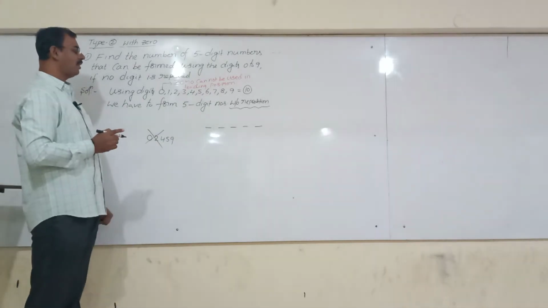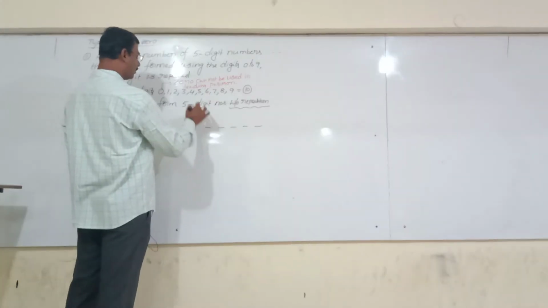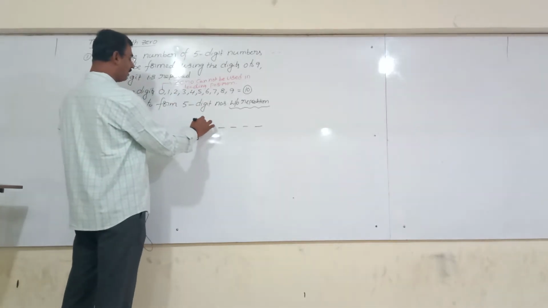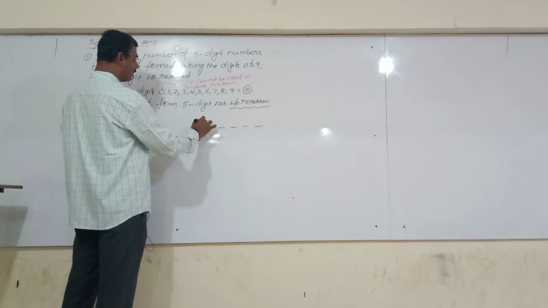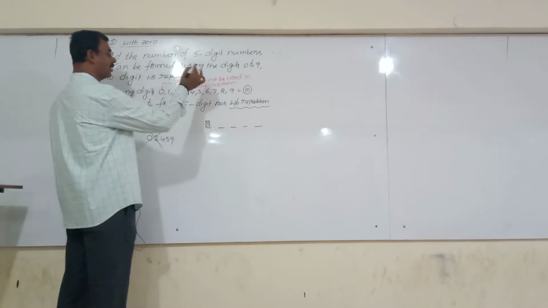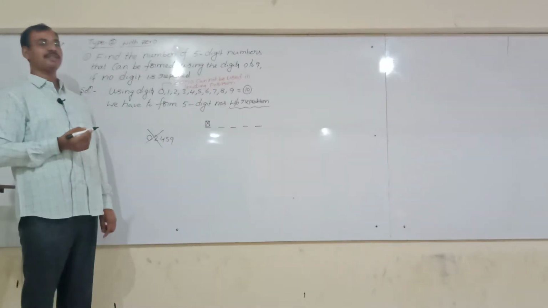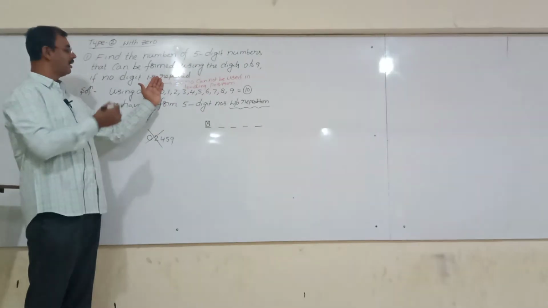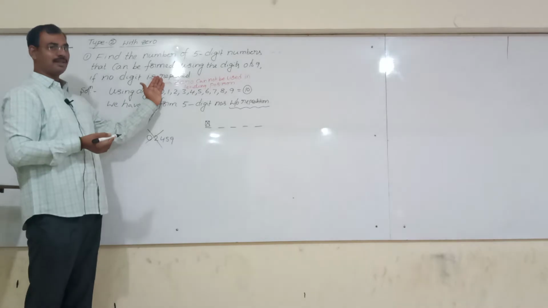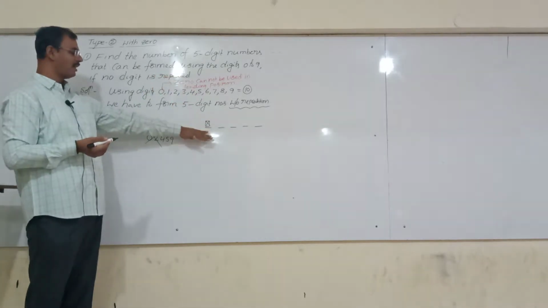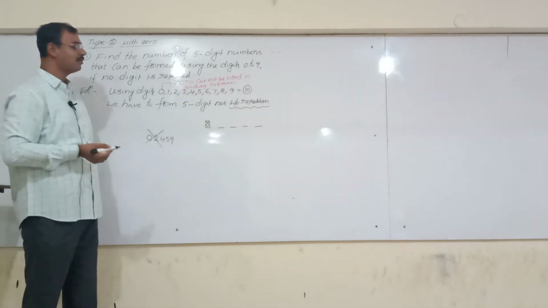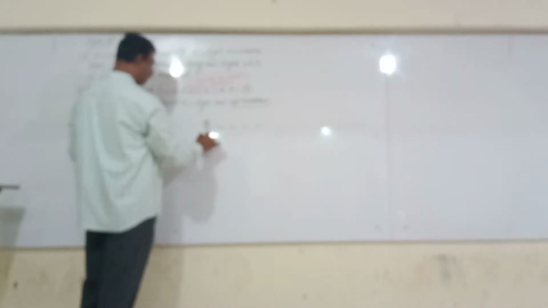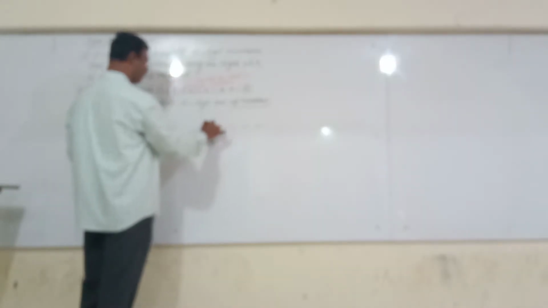How many digits other than 0? Total 10, 0 is there, the rest, 9 digits, are there. So the leading position can be filled in 9 ways.